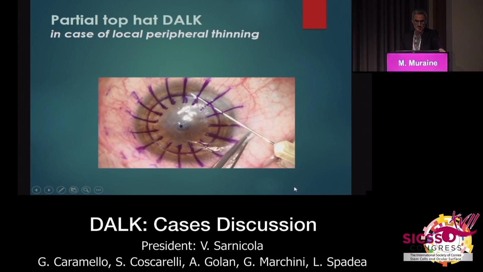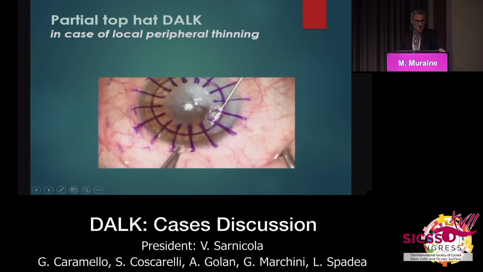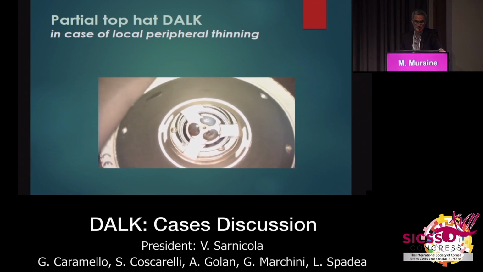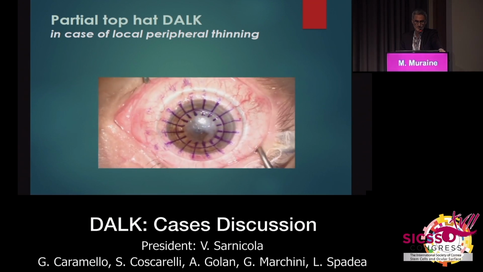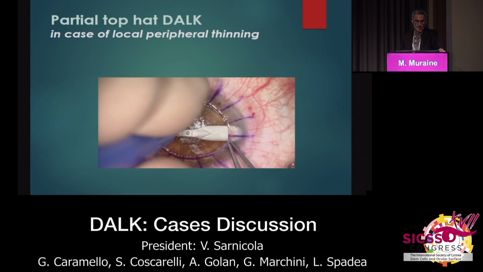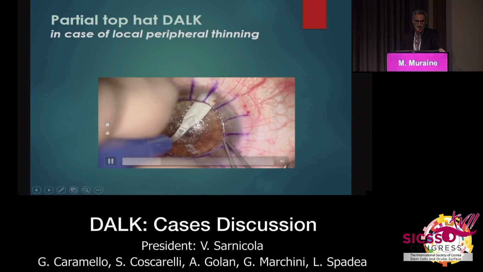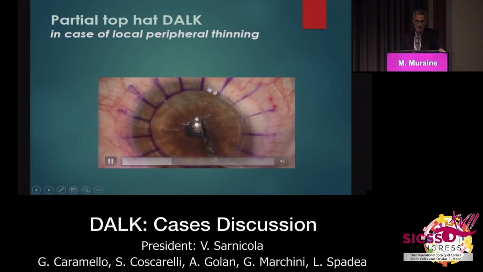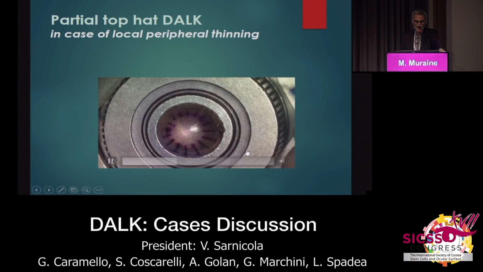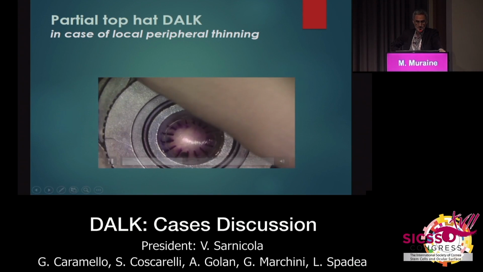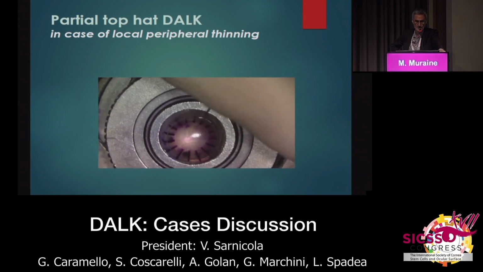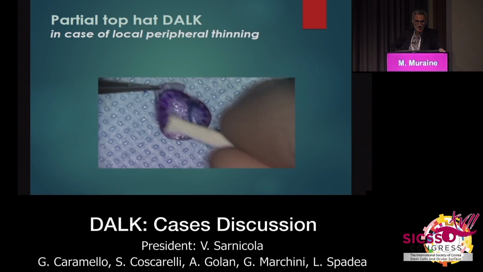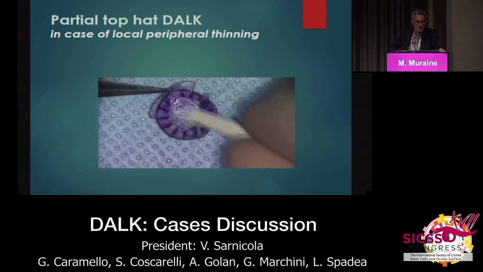So you have the patient, you thicken the cornea by injecting water in the thin cornea, you trephine 450, you remove the entire cornea, and you dissect a small skirt in the area where the cornea is really thin, and you put your cornea on an artificial chamber, and you can dissect a cornea with a partial skirt.